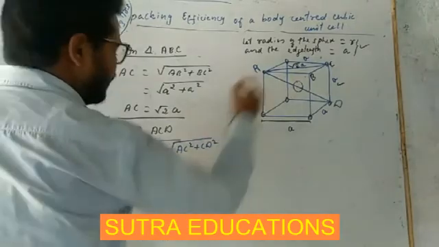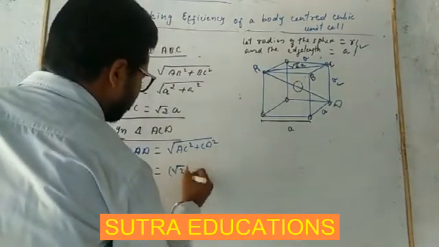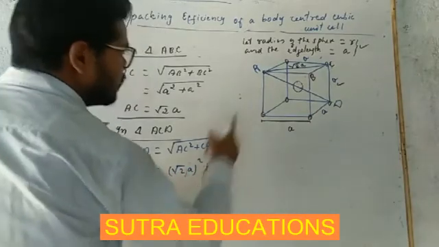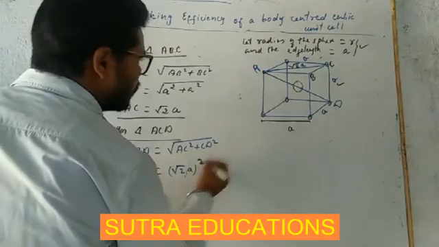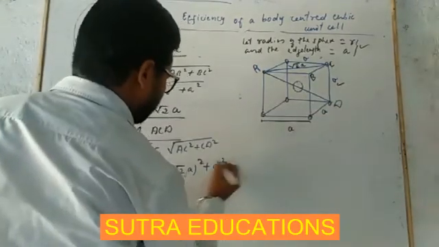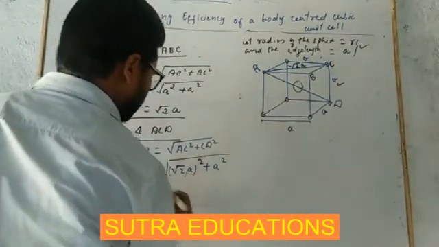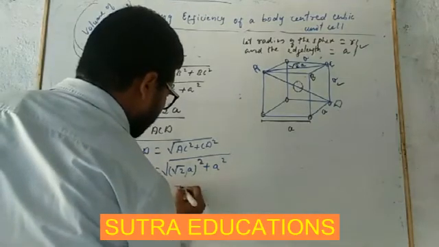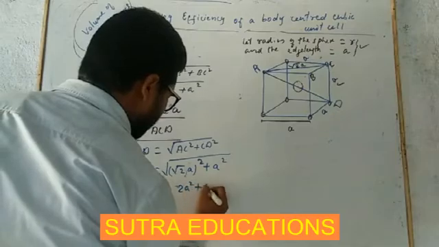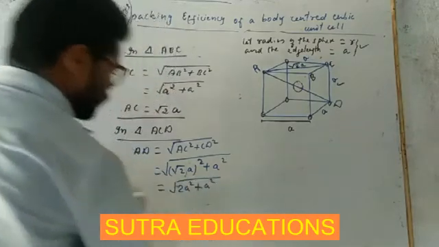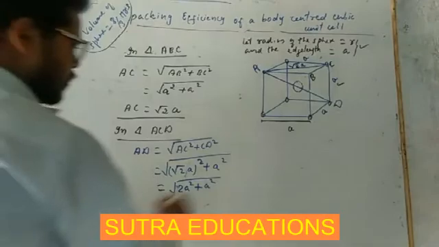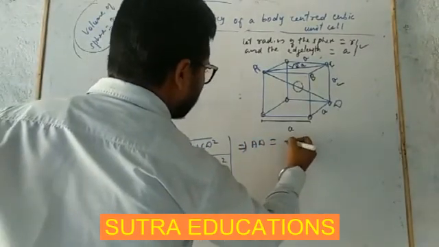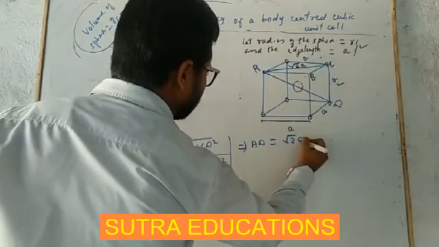Means AC square we have calculated, root 2 a square, plus CD is the edge length, means it is equal to 2a square plus a square. Means AD is equal to root 3 a.